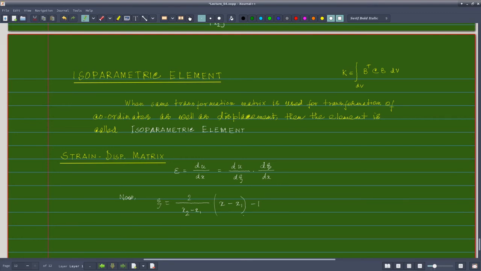And therefore my d xi dx is 2 by x2 minus x1.